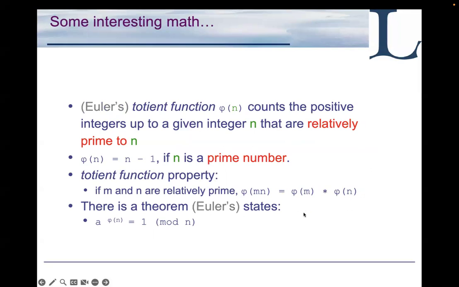This rule, together with Euler's theorem, allows us to do very complex computations relatively simply. You can simplify certain types of computations dramatically.